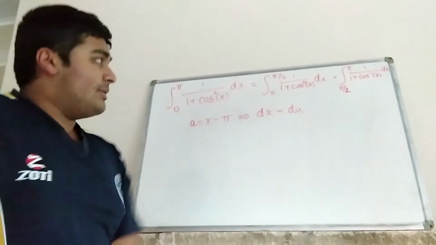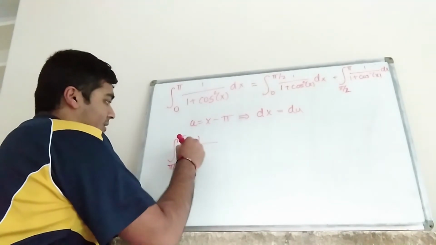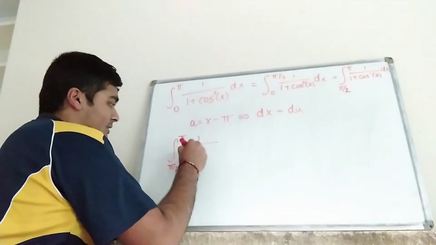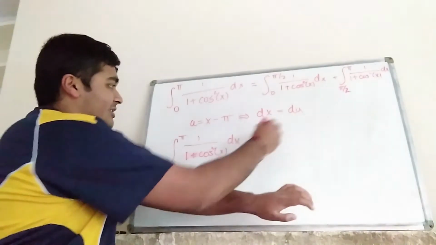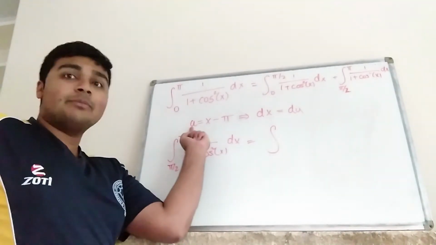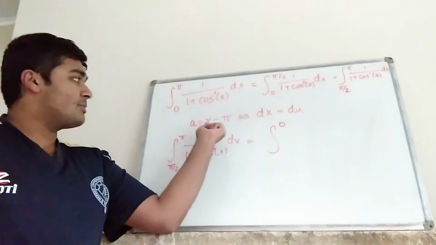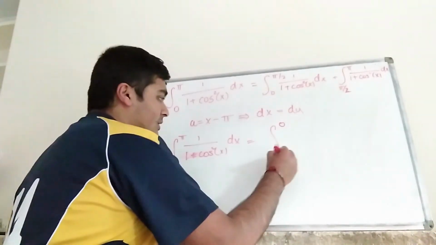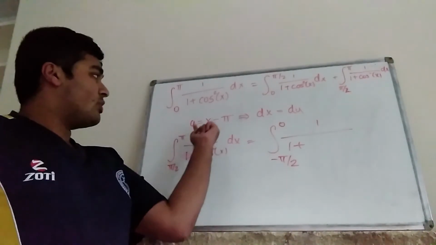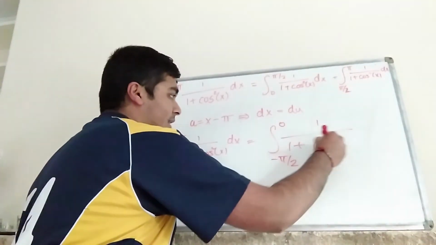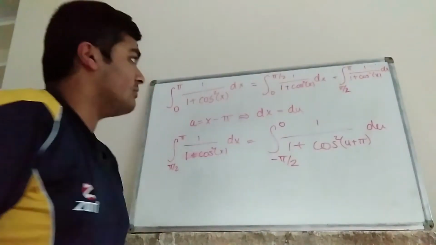Now putting it into this integral, the integral from pi over 2 to pi of 1 over 1 plus cos squared x dx: when x is pi, u is equal to pi minus pi, which is 0, and when x is pi over 2, u is equal to pi over 2 minus pi, which is minus pi over 2. And we're going to have 1 over 1 plus cos squared of u plus pi, and then the dx becomes du.